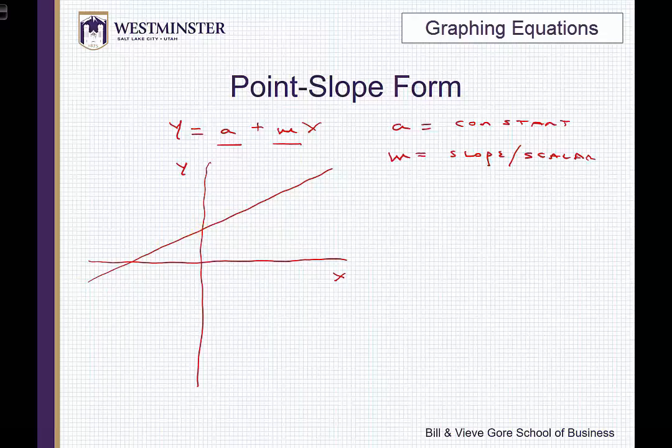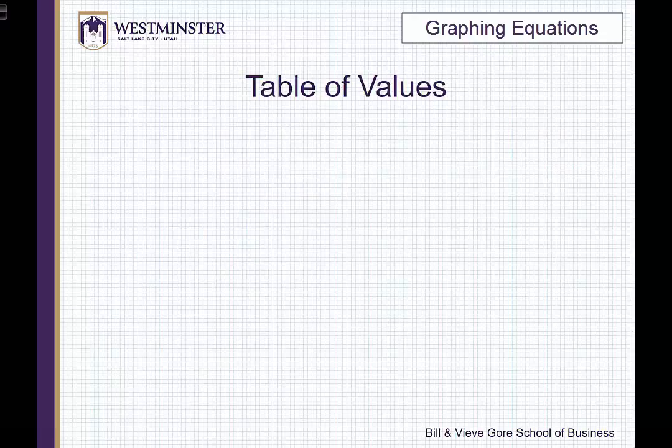So let's take a look at this and think about how we might create a table of values that would help us go ahead and plot this line in these spaces. So let's look at a point slope equation that would be y is equal to 3 1/3 plus 1/3 x.